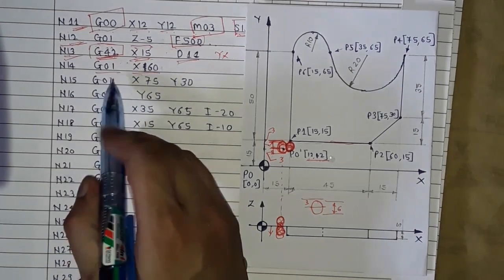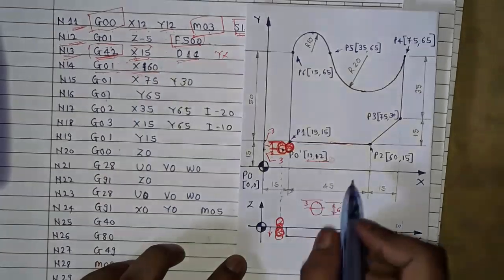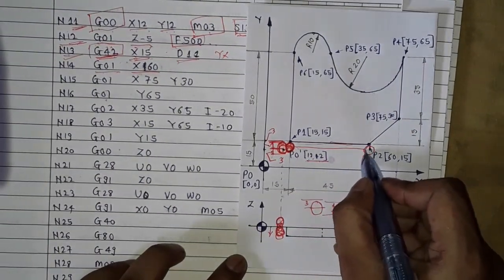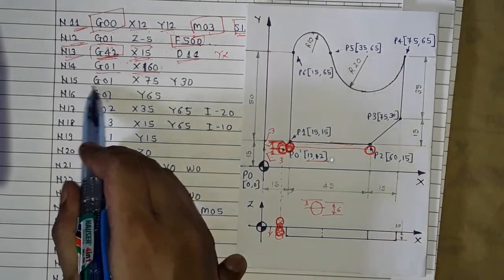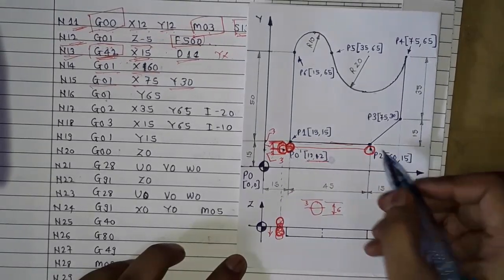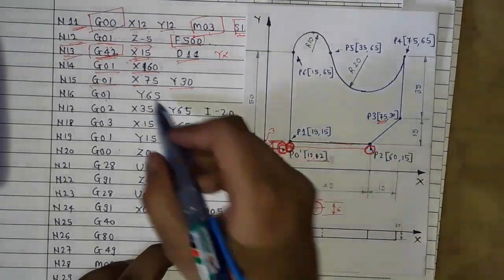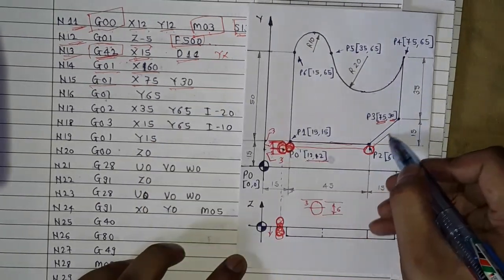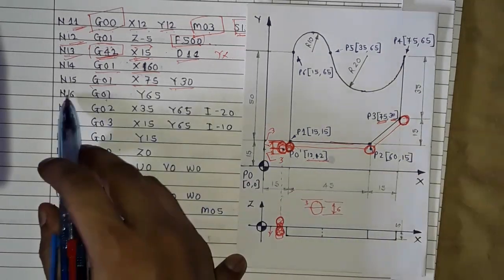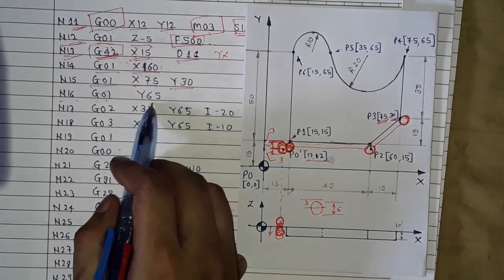Here G01 is for linear interpolation as we know, and the cutter will move from this position to this position. Then G01 X75 Y30. Now the cutter will move from this position to X75 and Y30.